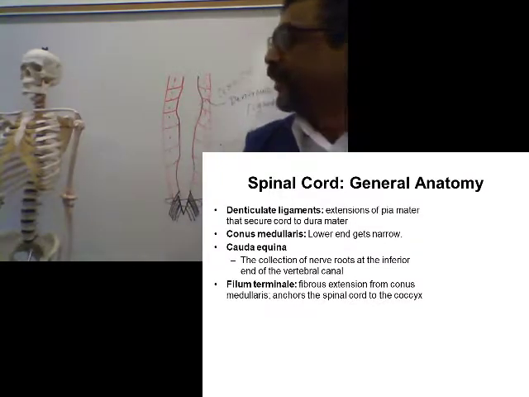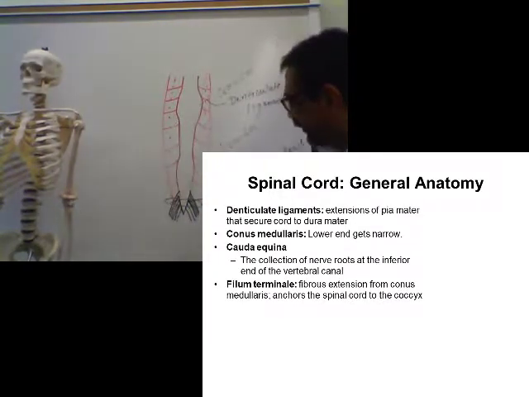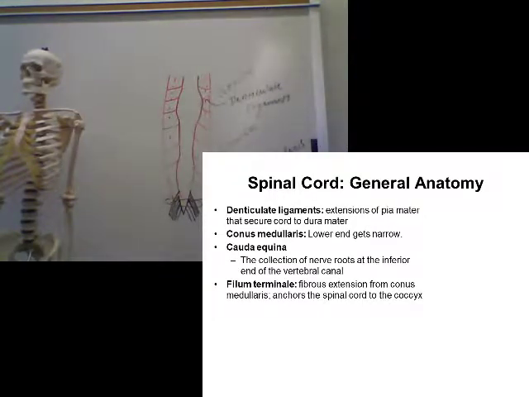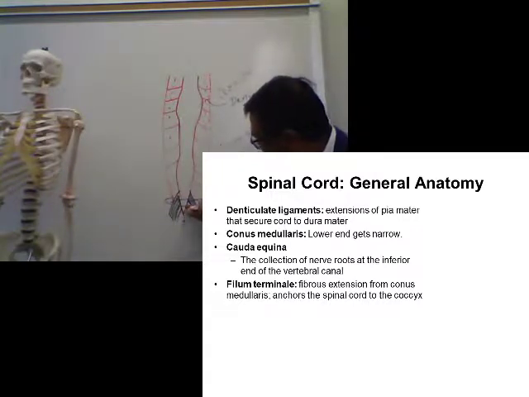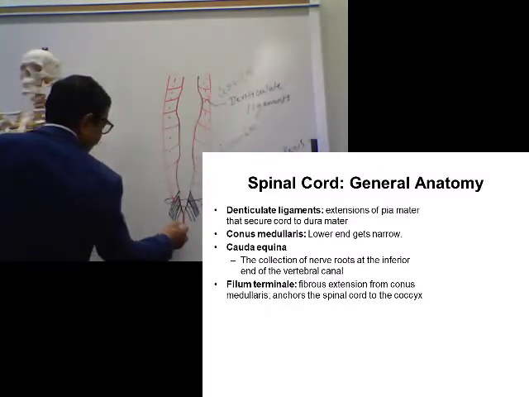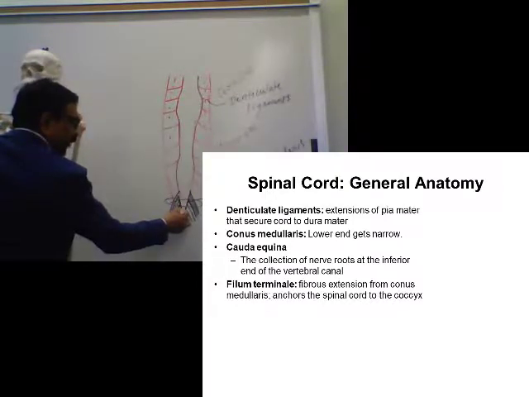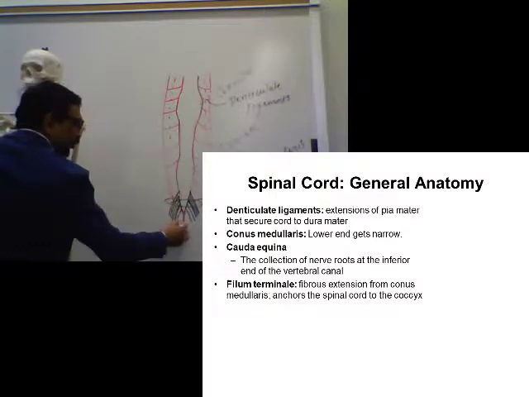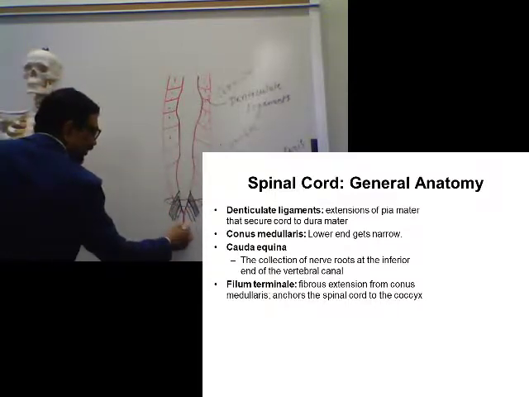Okay, and then another structure, a thin cord-like structure, arises from the lower pointed end of the spinal cord and goes downwards. A thin cord that is called the filum terminale, which runs from the lower pointed end of the spinal cord, or conus medullaris, to the coccyx, the tailbone.